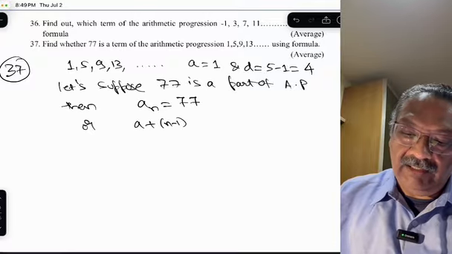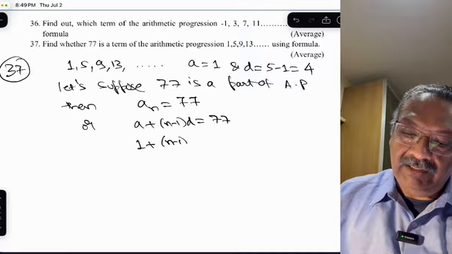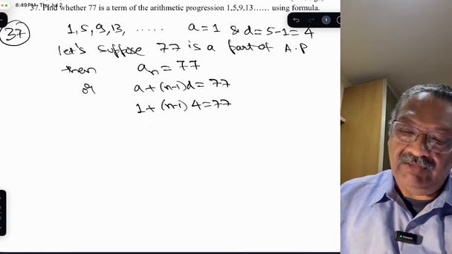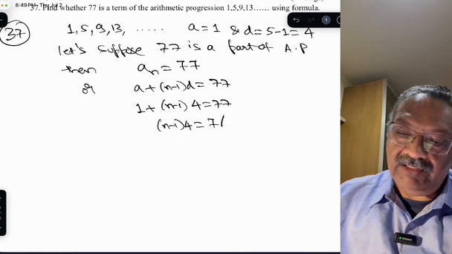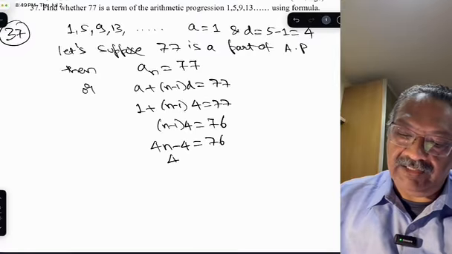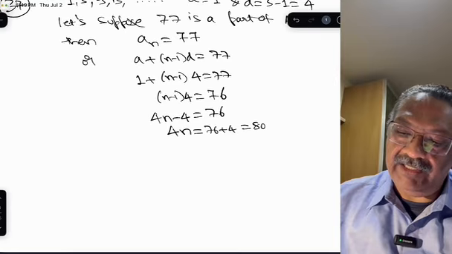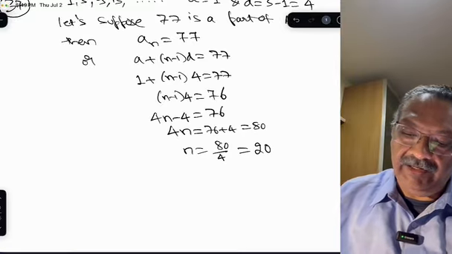What is the formula for an? a plus n minus 1 d is 77. What is a? a is 1, plus n minus 1, d is 4, is equal to 77. 1 if it goes that side it becomes -1, 76. n minus 1, or 4n minus 4 is equal to 76. 4n is equal to 76 plus 4 is equal to 80. n is equal to 80 by 4 is equal to 20.